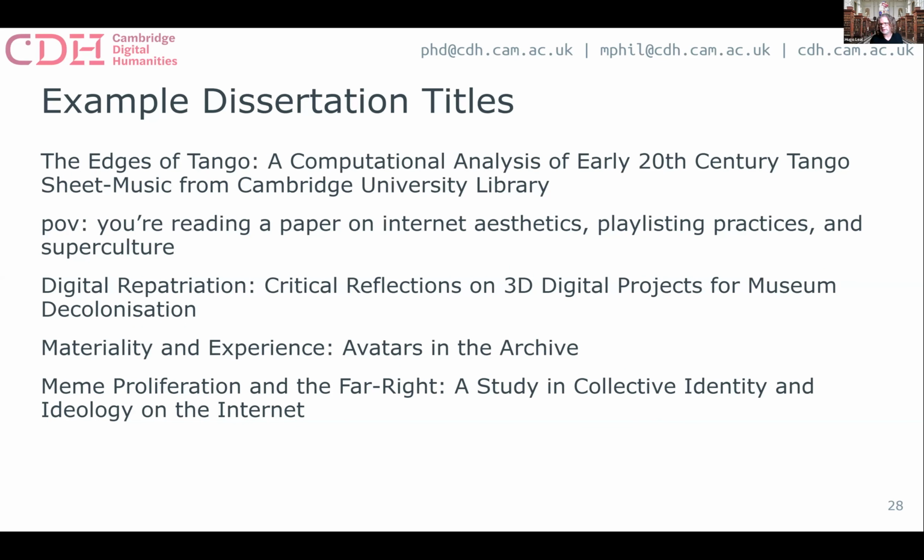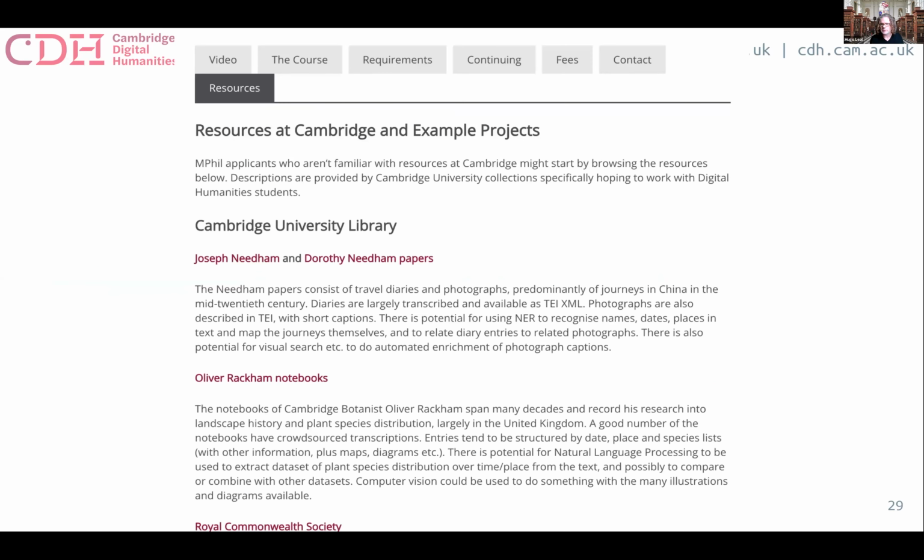You also have some examples of dissertation titles. Again, this gives you an idea of how diverse the cohort, the topics, and the research interests are. So you have examples there that go from computational analysis of Tango sheet music to digital repatriation, decolonization, meme proliferation and the internet, and so on.